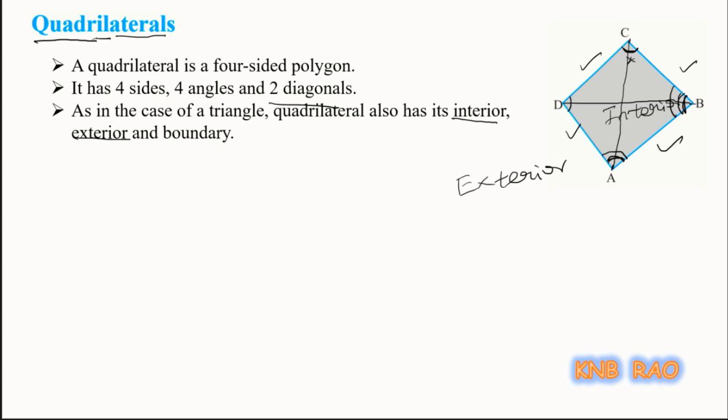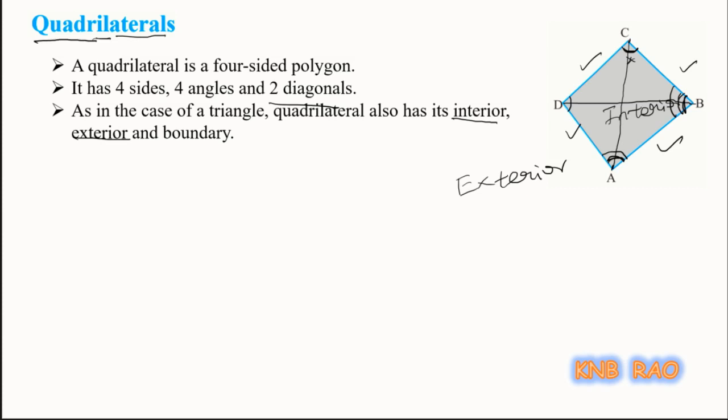Normally children will get a paper piece, or this is a rectangular paper piece. In fact, they are not holding a rectangular paper piece, they are holding a rectangular lamina, which is the rectangle, the boundary, along with its interior portion.